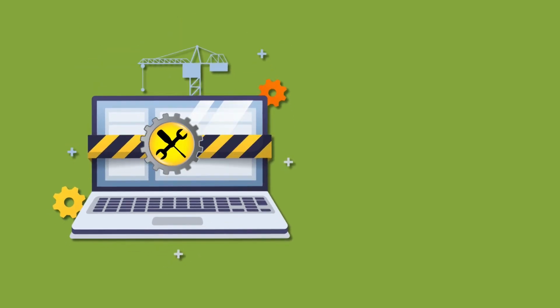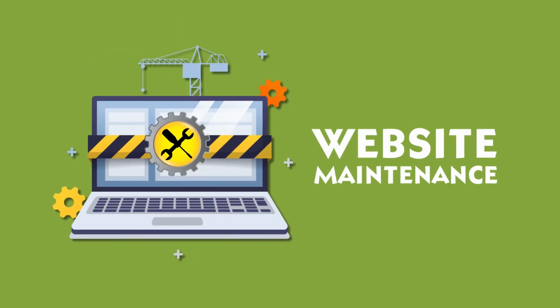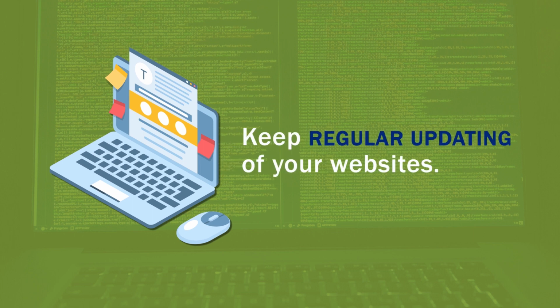Get your stakeholders' opinion. Once the testing and deployment are over, concentrate on the website maintenance phase, that is the last phase. Get your stakeholders' opinion and keep regularly updating your website from time to time.